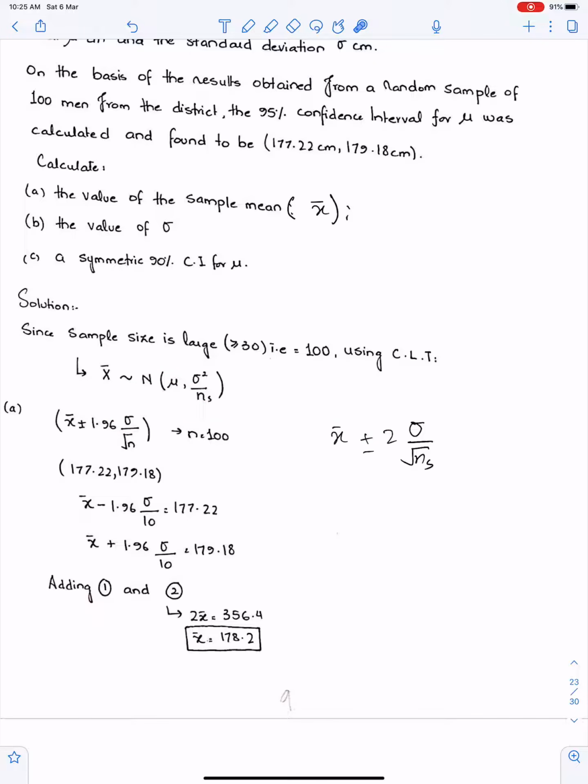You can form two equations, one with plus sign: x bar plus 1.96 sigma over square root of n will be 179.18, and with negative sign, x bar minus the entire thing will be 177.22. By solving these two equations simultaneously, we can get the values of x bar and sigma.